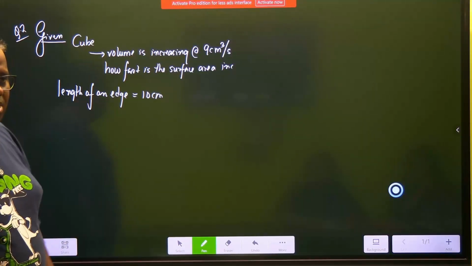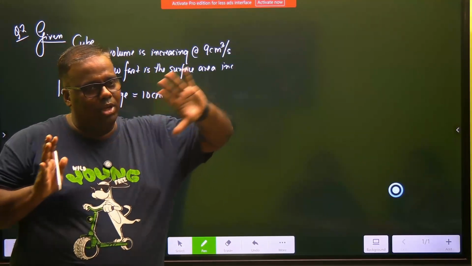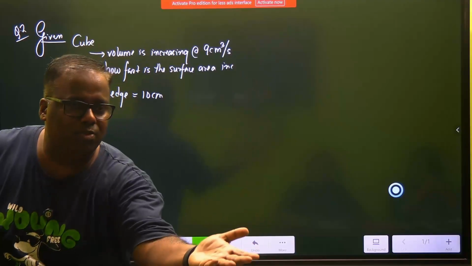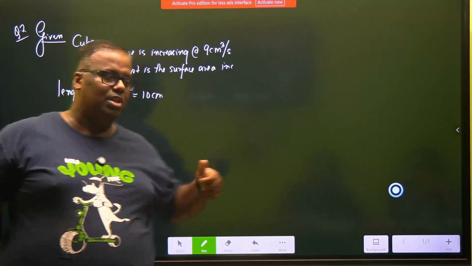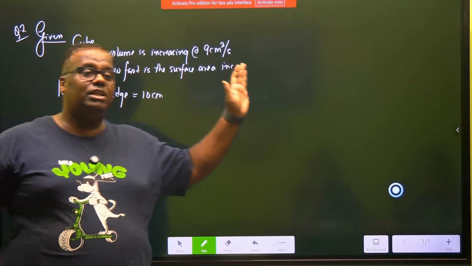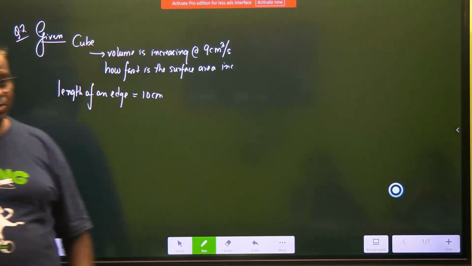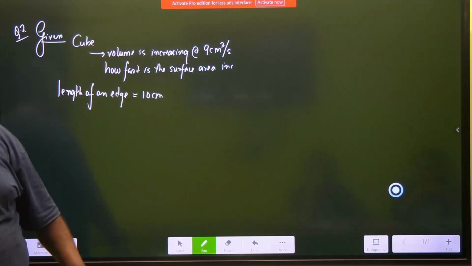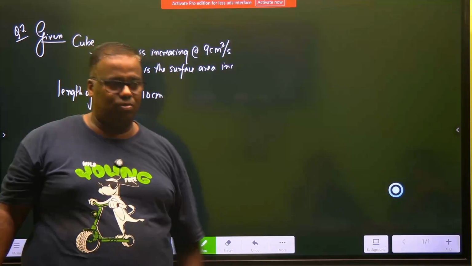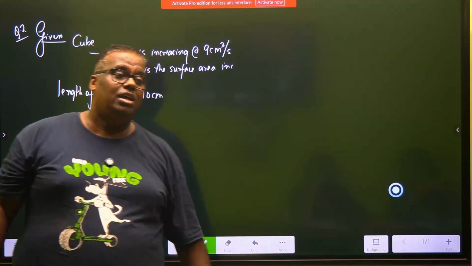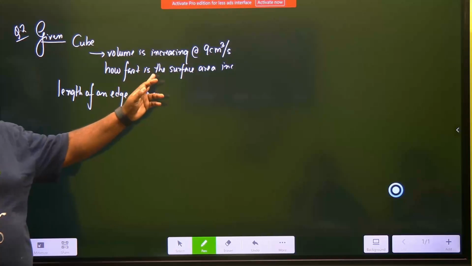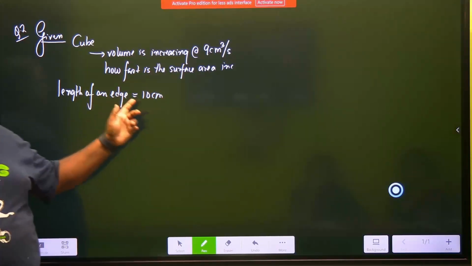At that time, the cube is continuously bloating up at the rate of 9 centimeter cube per second. So definitely the surface area is also increasing. I have to find the rate of increase of surface area when the edge length was 10 centimeter.